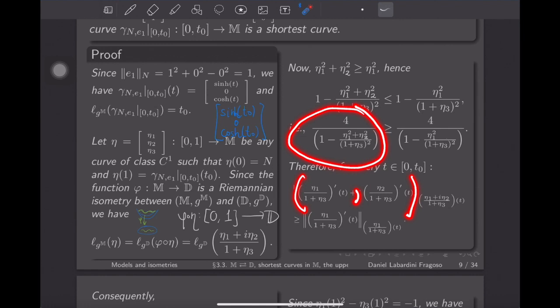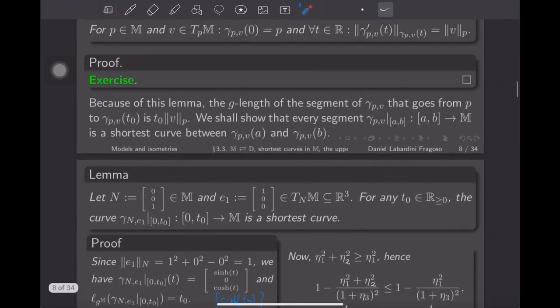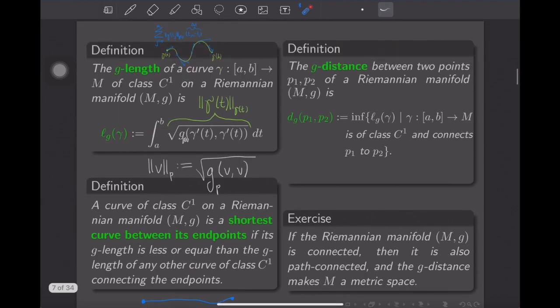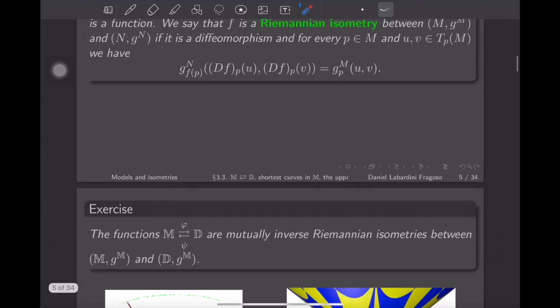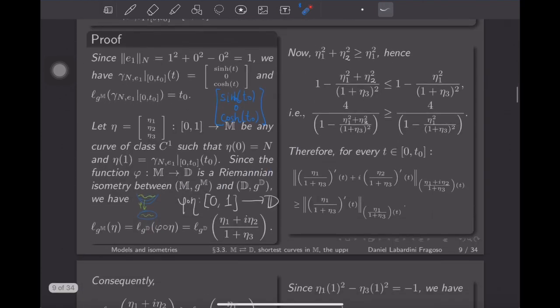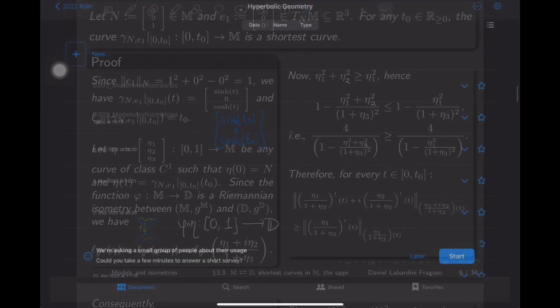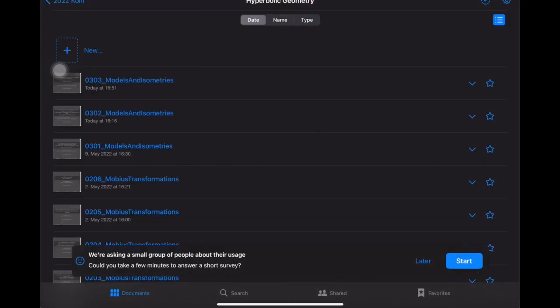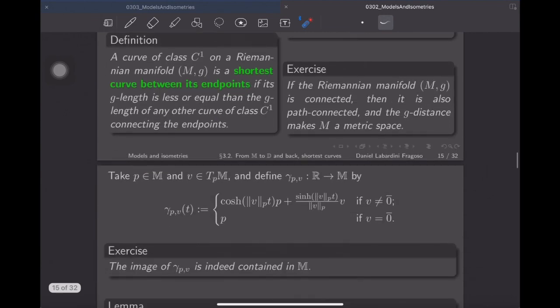If you remember the formula, I can revisit that formula if you want, just so that it's not confusing.